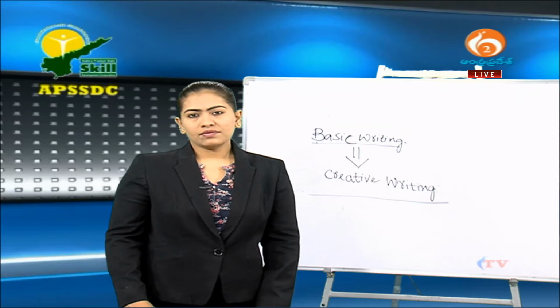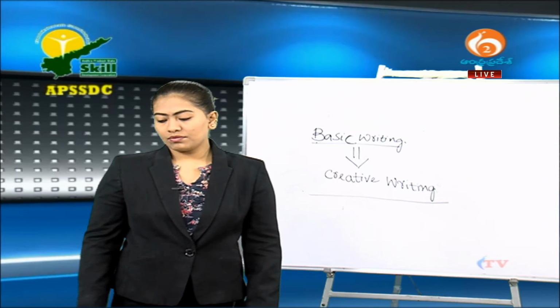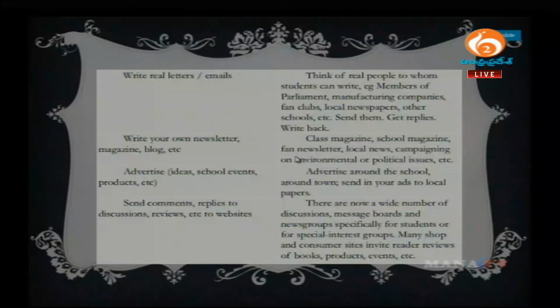Moving further, let us look at these slides to better understand how we can pull up creativity. Write real letters and emails. This is how members of certain official groups can look in.